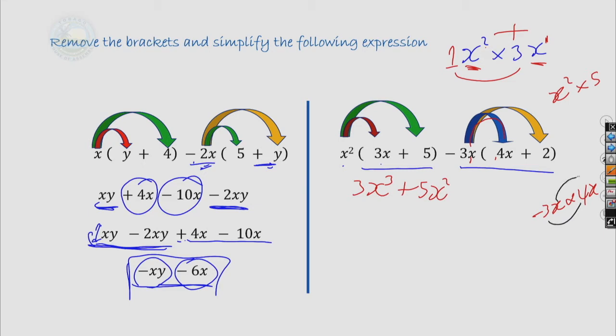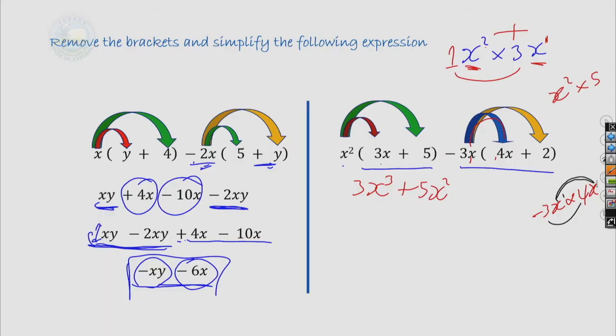And multiplying our variables, here it's x times x. The variables are the same, so we simply add the powers. The power here is 1, the power here is 1. So negative 3 times positive 4 is negative 12, and x times x gives us x squared.